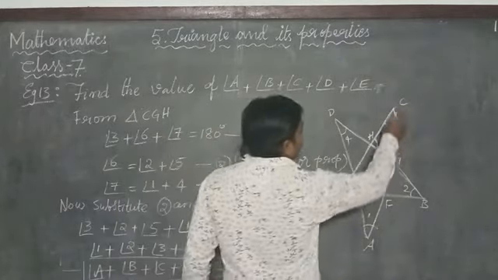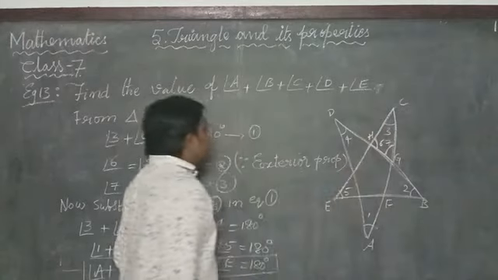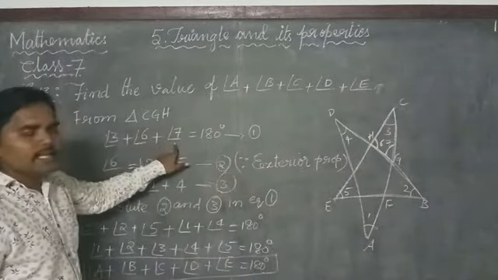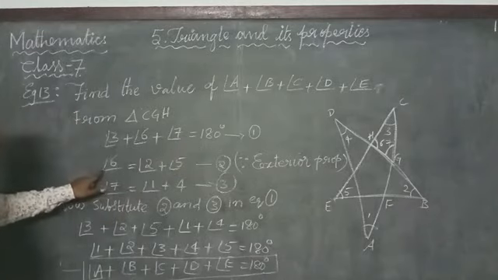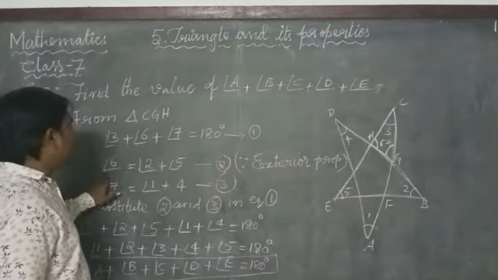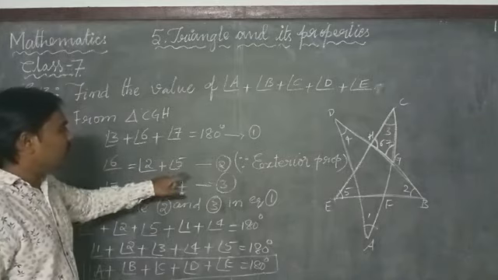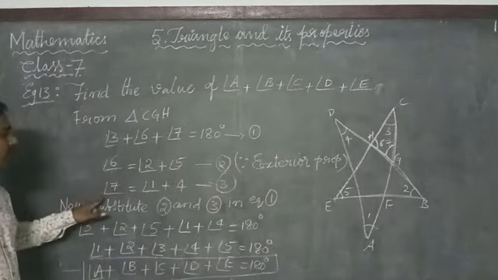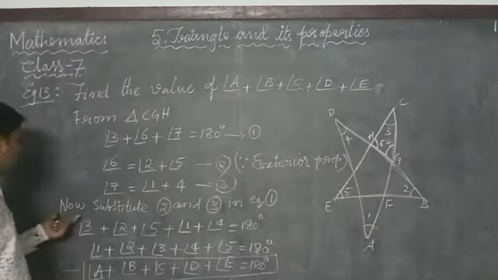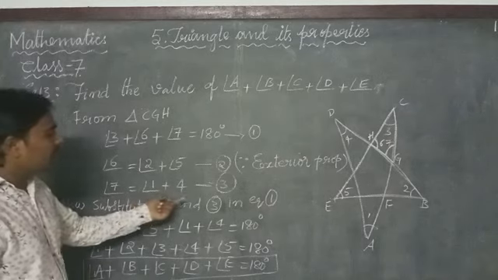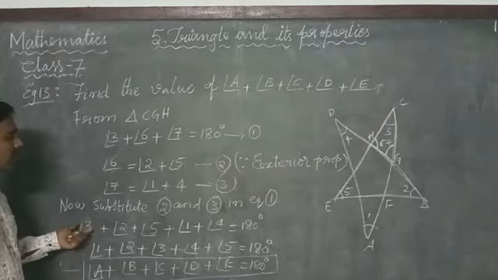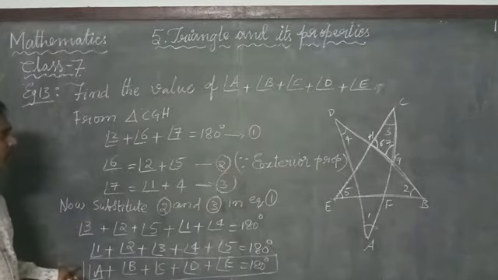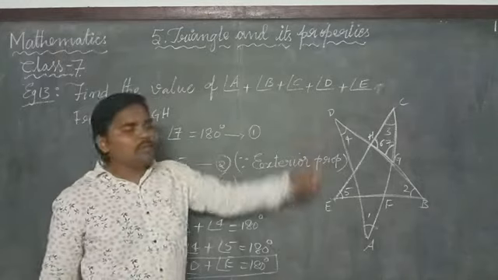From triangle CGH, angle 3 plus angle 6 plus angle 7 equals 180 degrees. From the exterior angle property, angle 6 equals angle 2 plus angle 5, and angle 7 equals angle 1 plus angle 4. Substituting equations 2 and 3 in equation 1, we get the sum of all angles as 180 degrees.